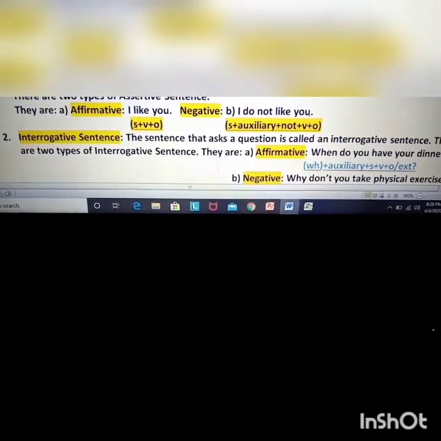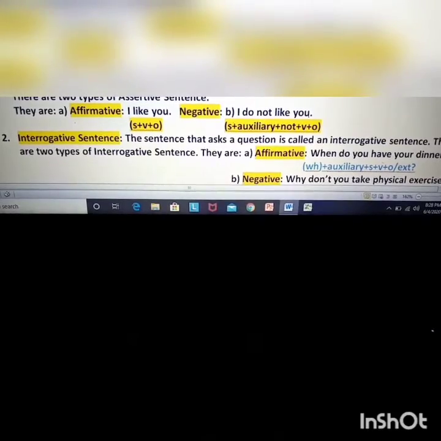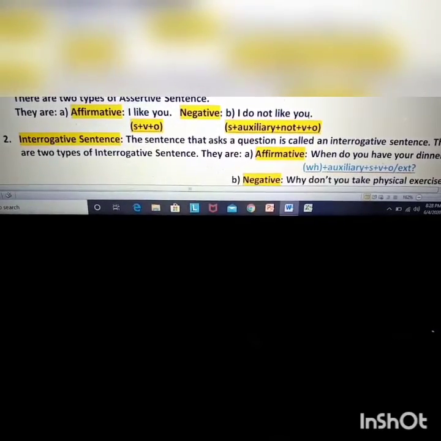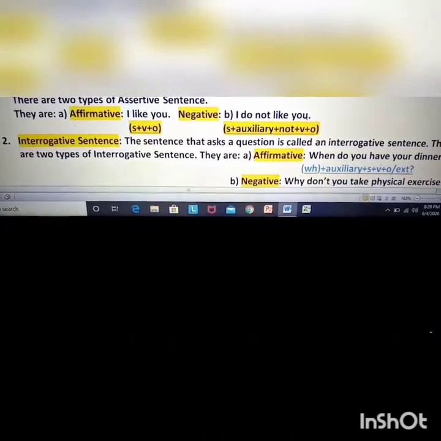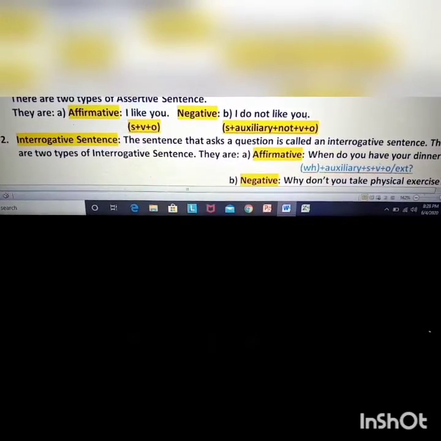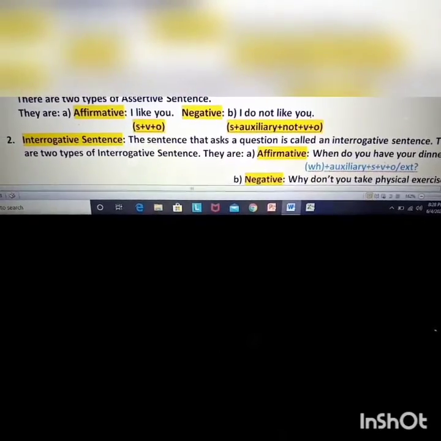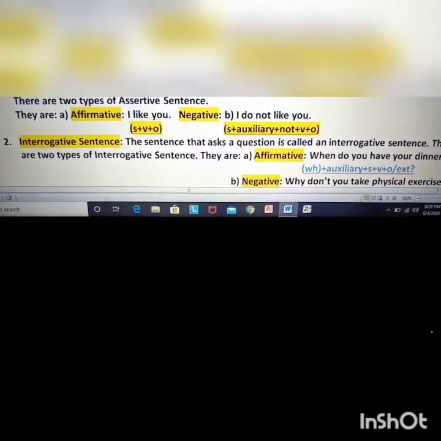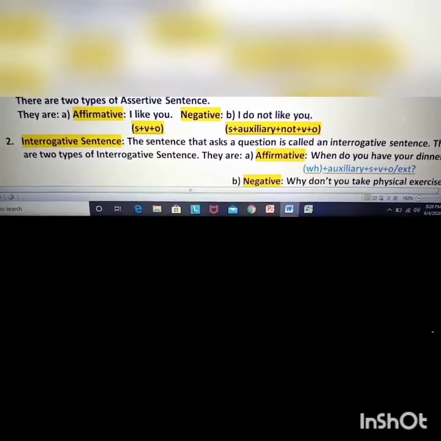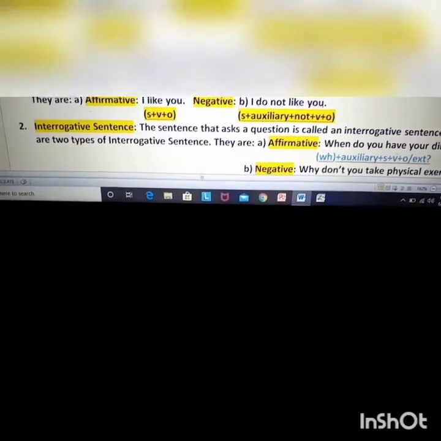That means subject I, do not is the auxiliary verb, like is the main verb, and object means you. So we can see 2 types of sentence, affirmative and negative, and below the sentences we have already shown the structures.